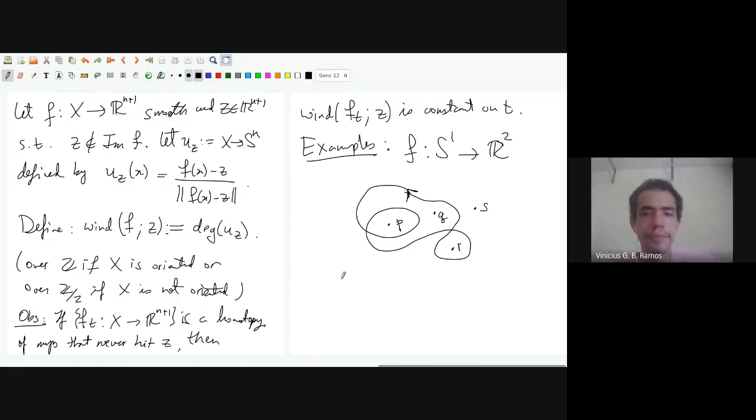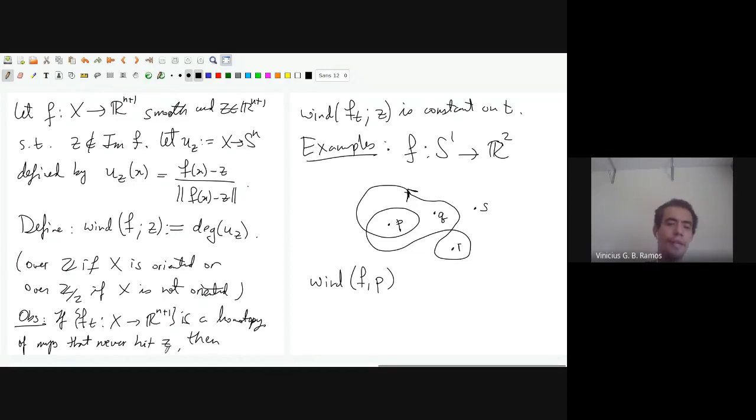And the first thing we can see is what is the winding number of f with respect to P. This winding number is invariant under homotopies that never hit z, and maybe I should say why, in a few words.